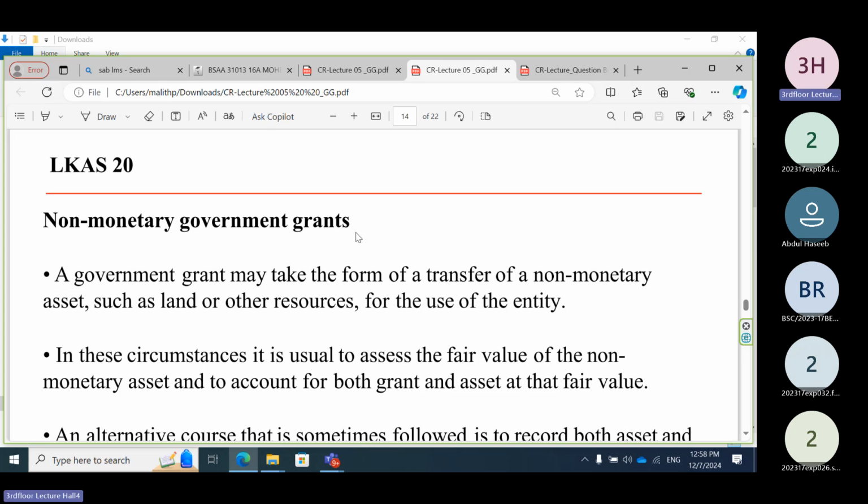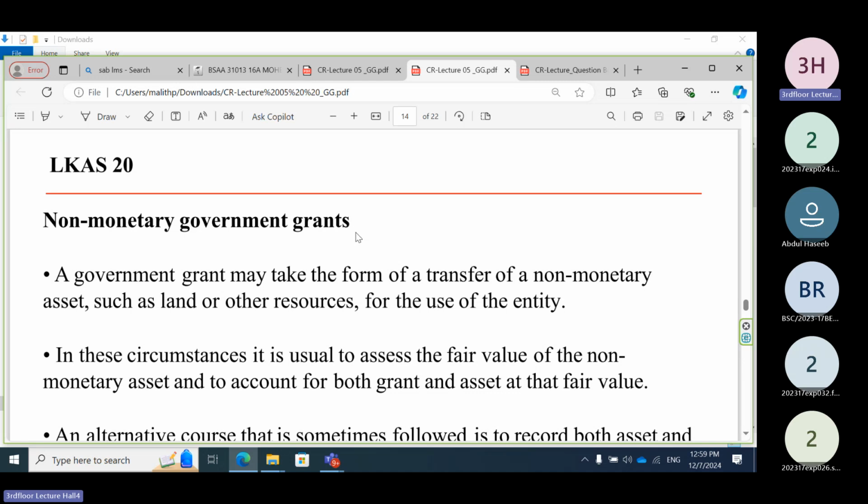Then what you have to do is calculate the fair value, fair value as per SLFRS 13, right? We will learn SLFRS 13 within another 30 minutes, how we are going to do the fair valuation.